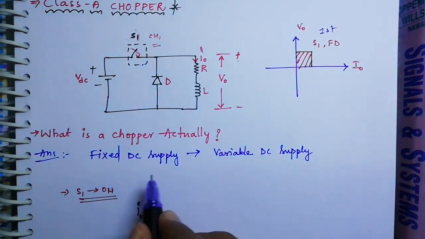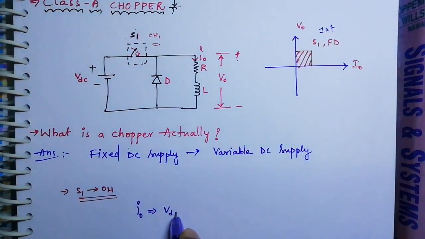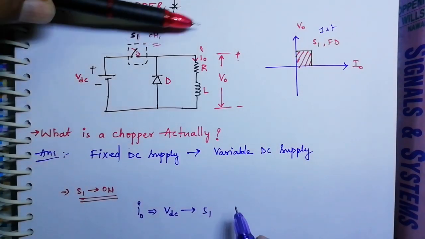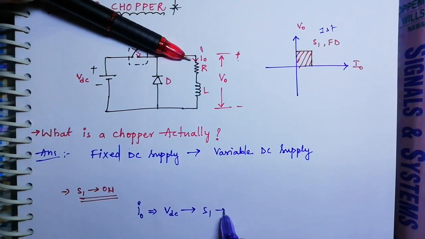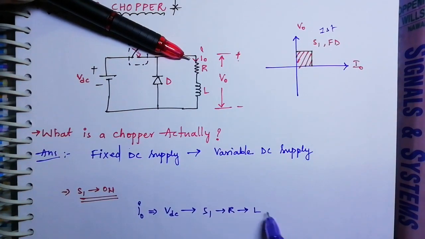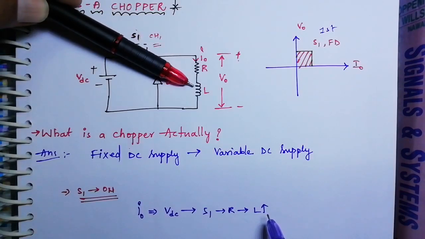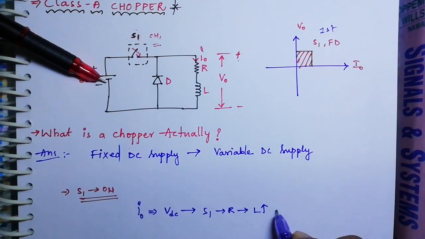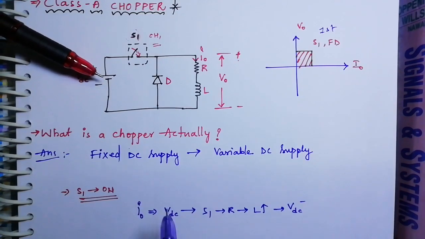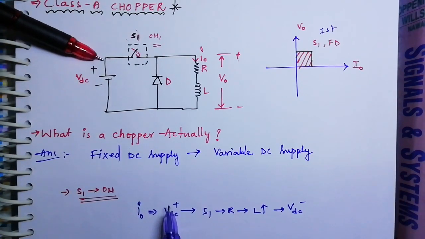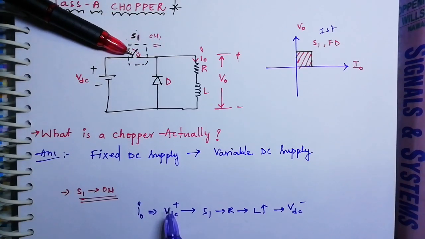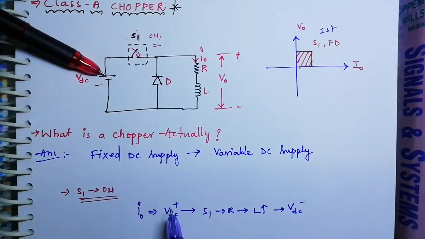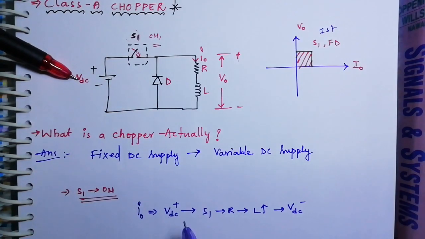So I0 will start flowing from VDC plus to S1, from S1 to R to L. Here L gets charged, that is, the inductor is getting charged, and the current returns back to the source, that is VDC minus. Here it is plus. From plus, I0 starts through S1, R, L, charging the inductor, and gets back to the source VDC.